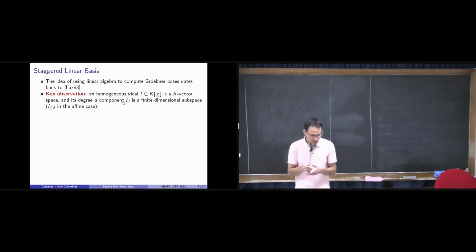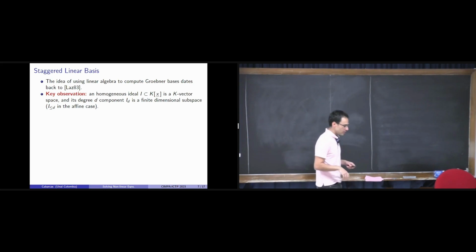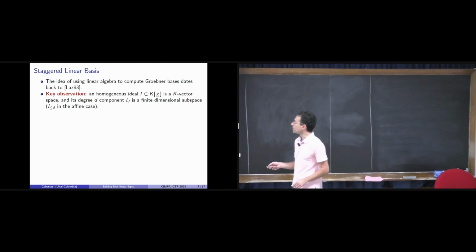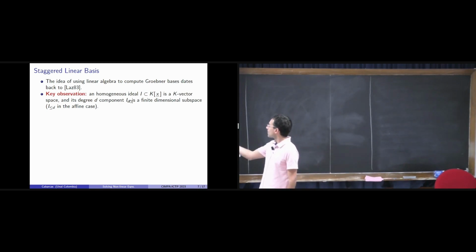And here, I think I have to clarify something before I continue. The notation is gonna get mixed up, because what I mean by I sub D is not the elimination ideal, but the degree D component of the ideal.